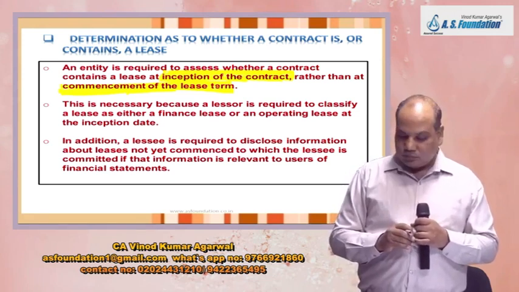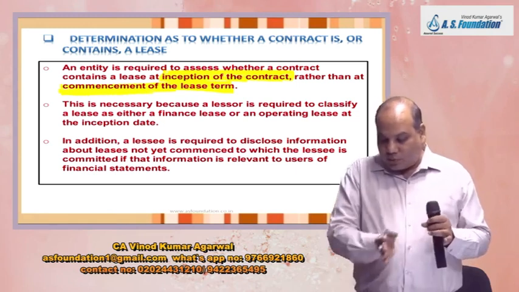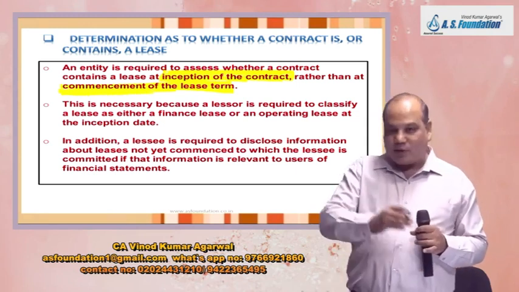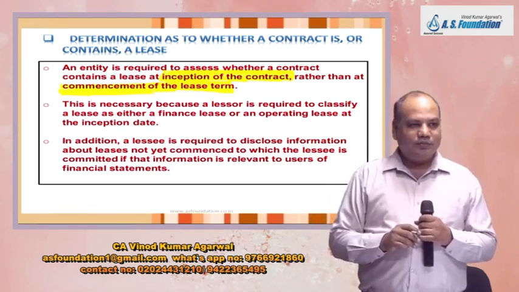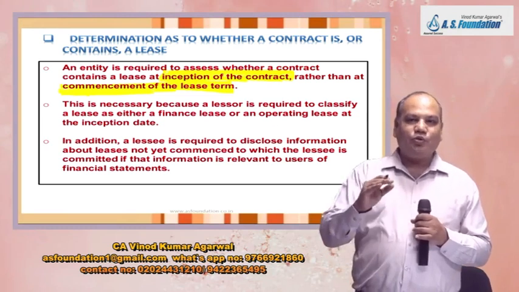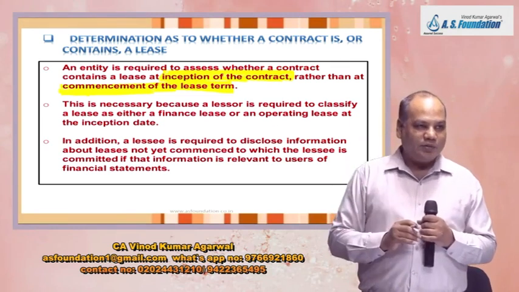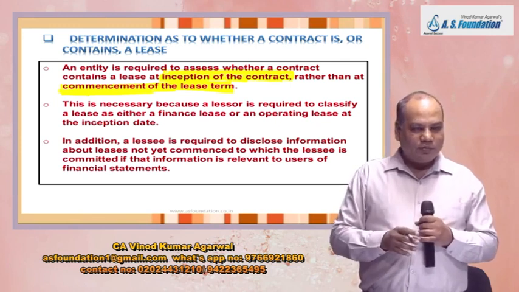Okay. One student recently asked me a question: what about the payment made between the inception date and the commencement date? Normally it will not happen. Suppose you signed the agreement on 1st January but you started using the property from 1st March. Will you pay rent from 1st January to 1st March?